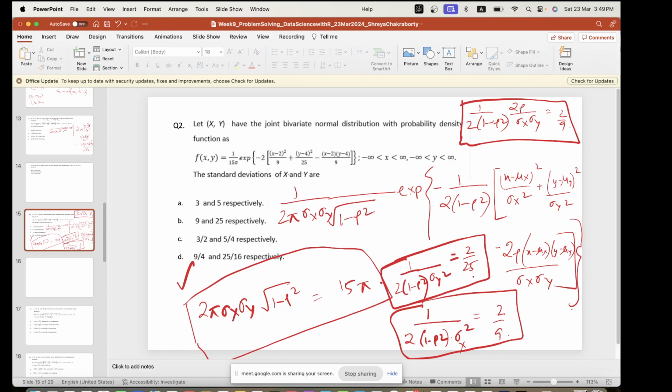So that is 2 by 25. And again this minus stays here. So 2 rho by 2 sigma x sigma y into 1 by 2, 1 minus rho square is the coefficient of the cross product term, that is 2 by 9.